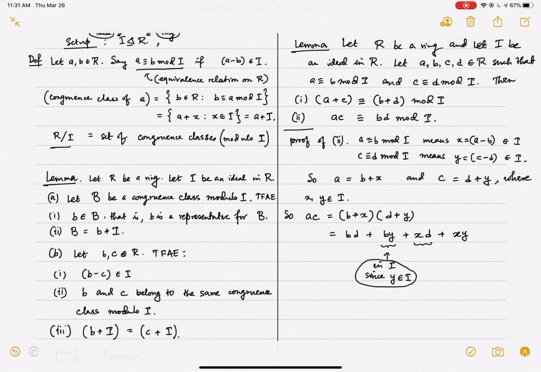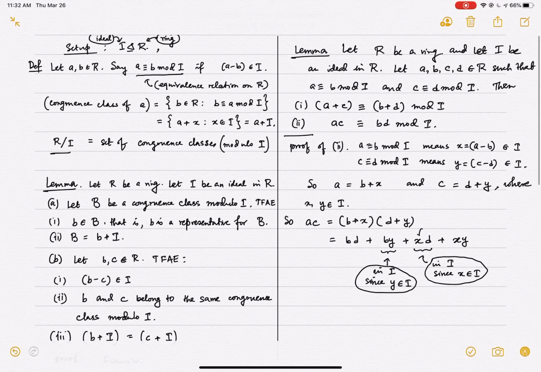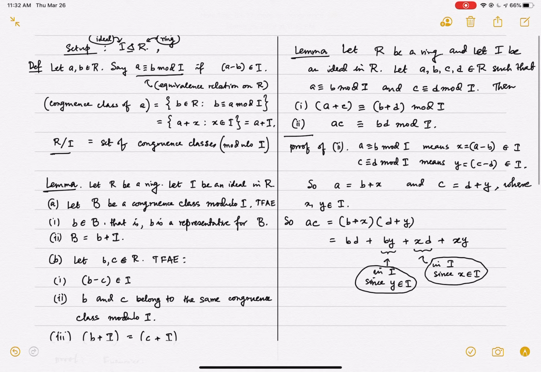x times d is also in I, since x is in I. Same property, but on the other side. Take an element of the ideal, multiply by anything on the right, the product is still in the ideal. So by is in the ideal because I is a left ideal, and xd is in the ideal because I is a right ideal.